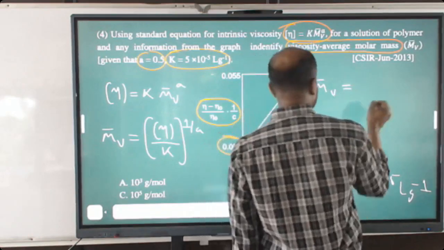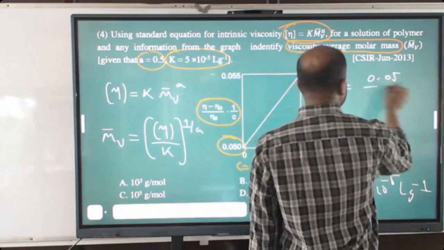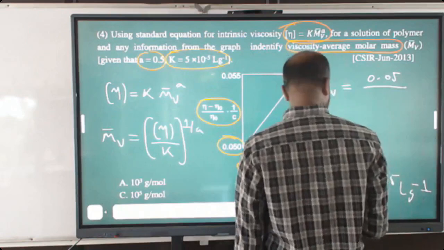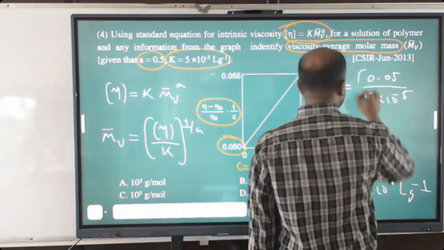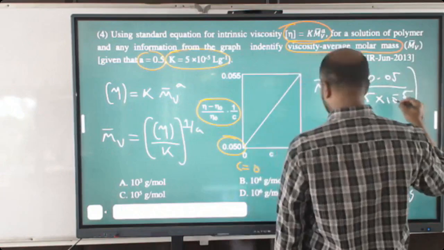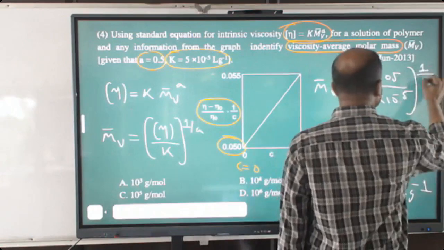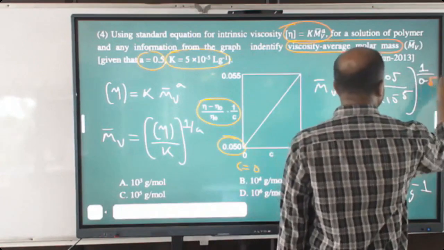That is 0.05 divided by K, that is 5 into 10 raised to minus 5, whole raised to 1 by a, which is 1 by 0.5.